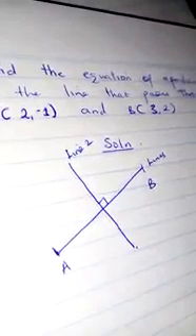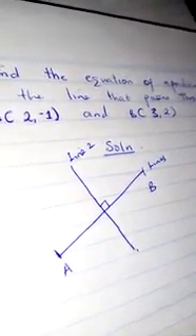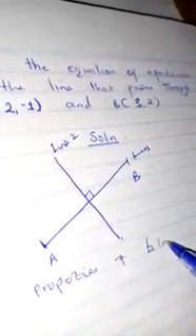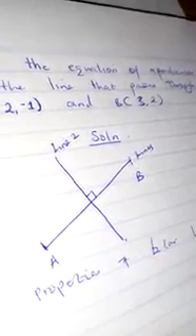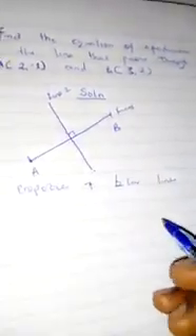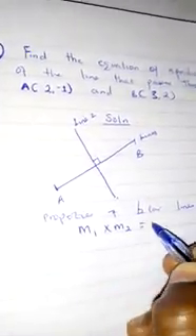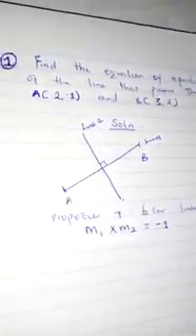First of all, we are seeing perpendicular lines, and we know the properties of perpendicular lines. Are we together? One of the properties is M1 times M2 is equal to -1.